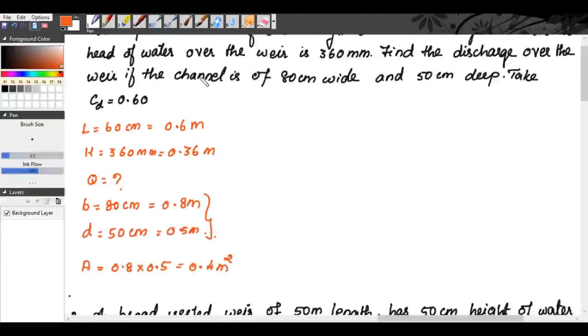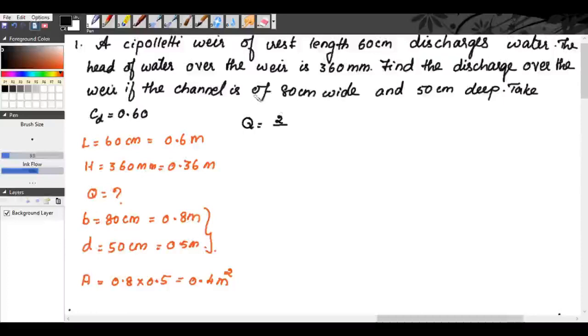For finding the velocity of approach, we need to find the discharge. Not considering the velocity of approach, discharge Q is equal to 2 by 3 CD L root of 2G H raised to 3 by 2.